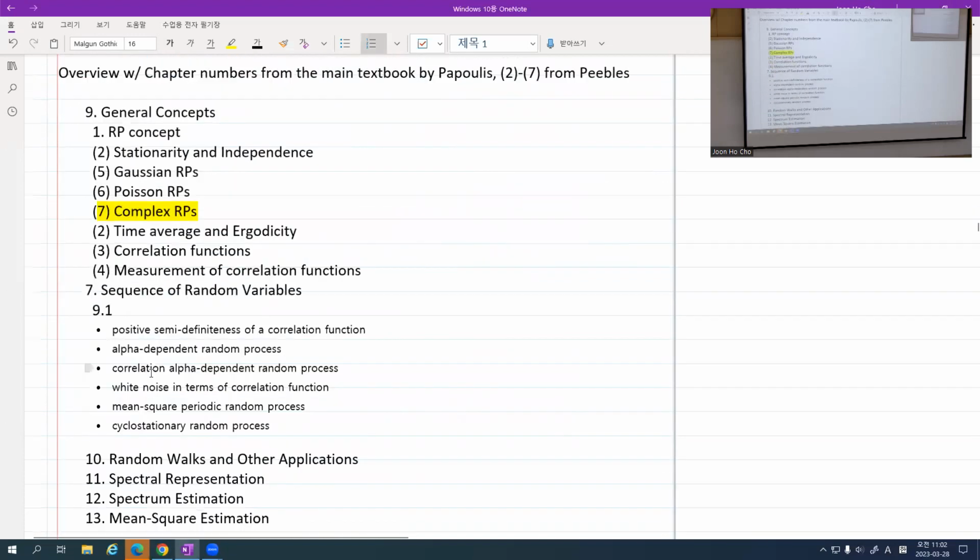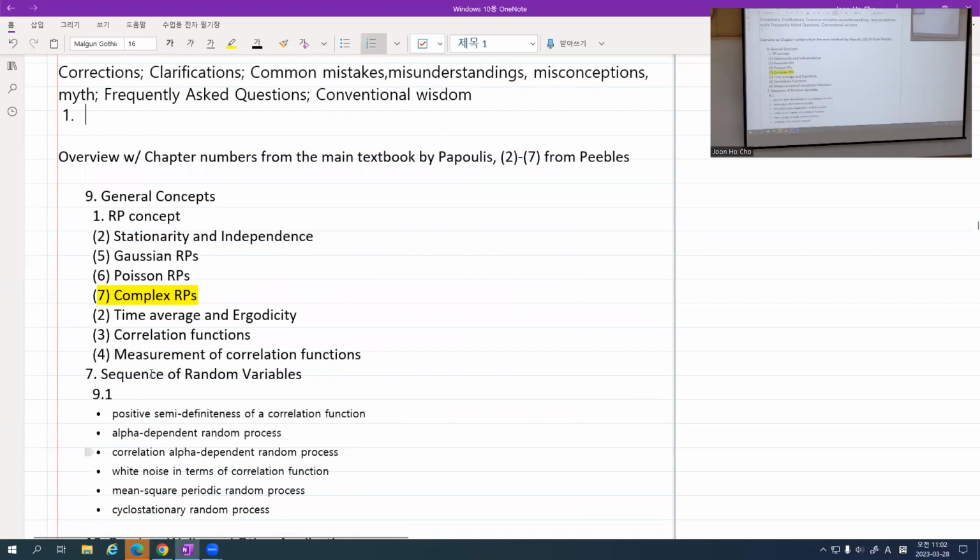Let's see the overview. We are covering chapter 9 of the main textbook by Papoulis. And even though I said chapter 9 of the main textbook, actually we use the secondary textbook by Peebles and follow chapter 6 in this order, sections 2, 5, 6, 7, and we are here right now.